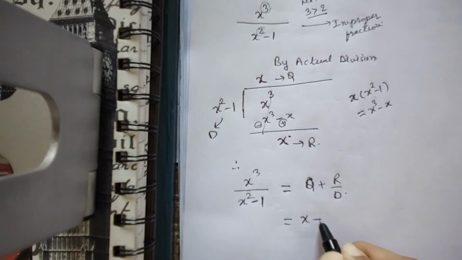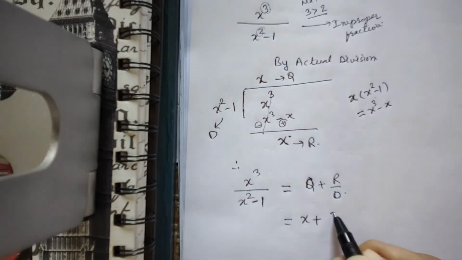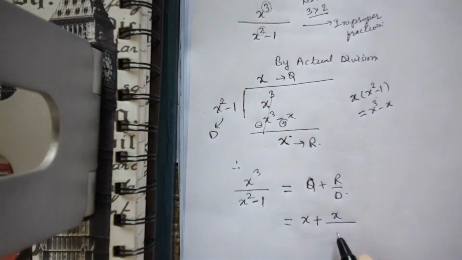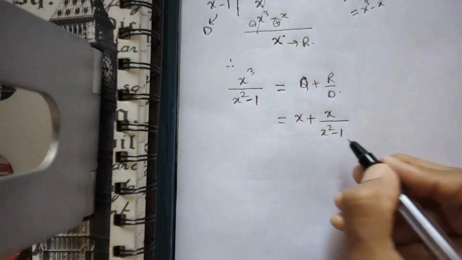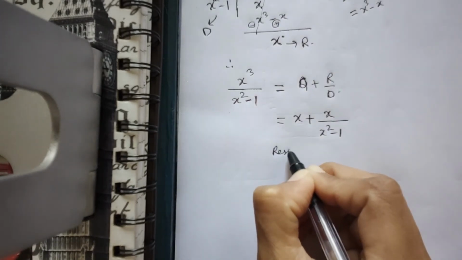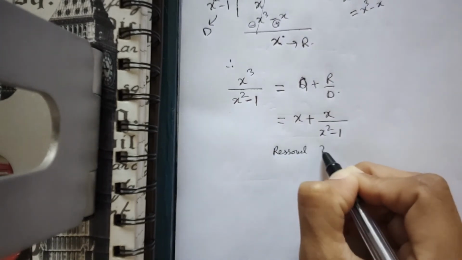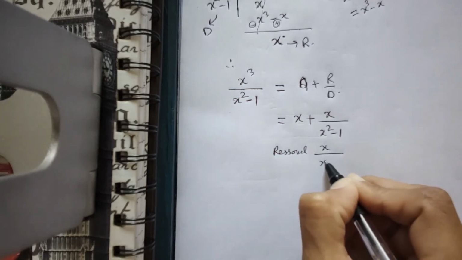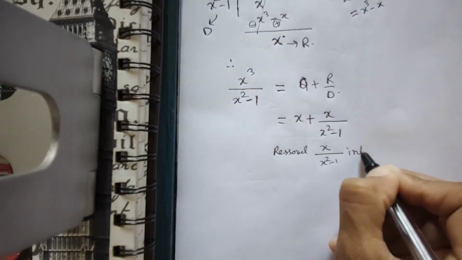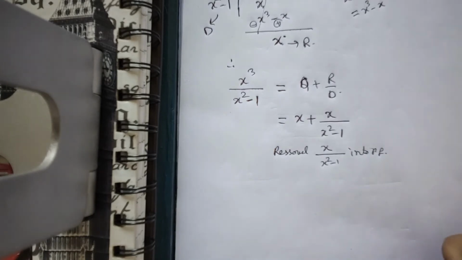X plus remainder is x upon x square minus 1. Okay, all right. Now resolve x upon x square minus 1 into partial fraction.